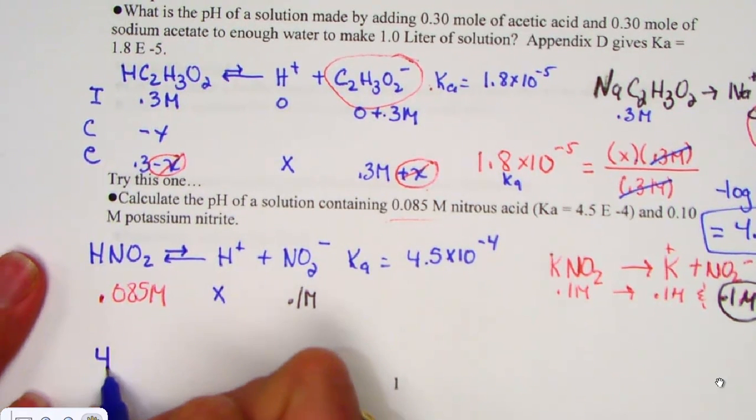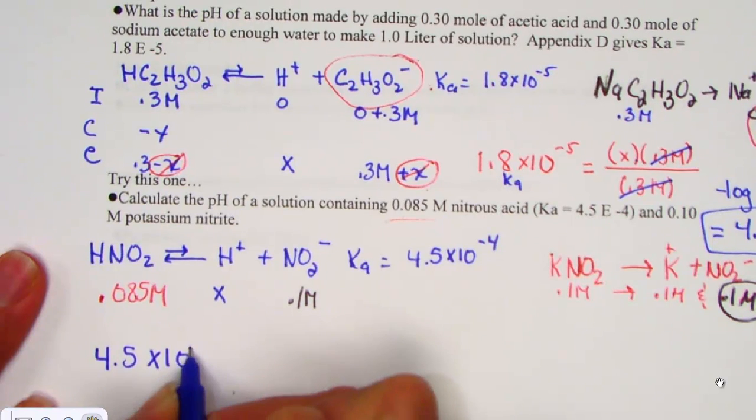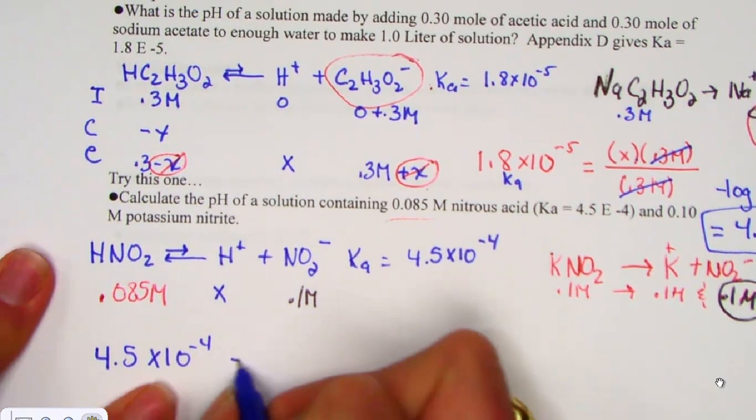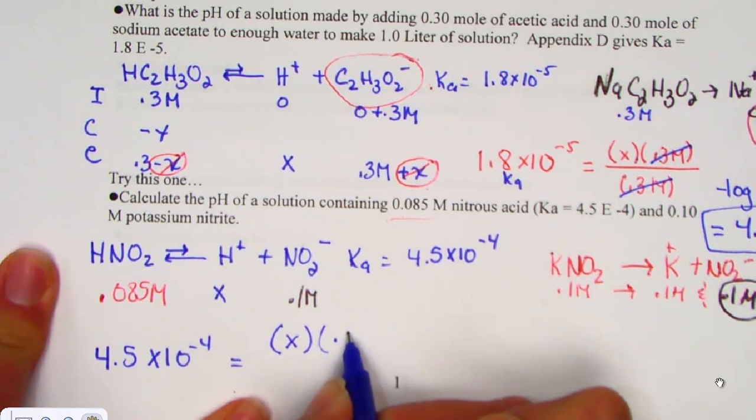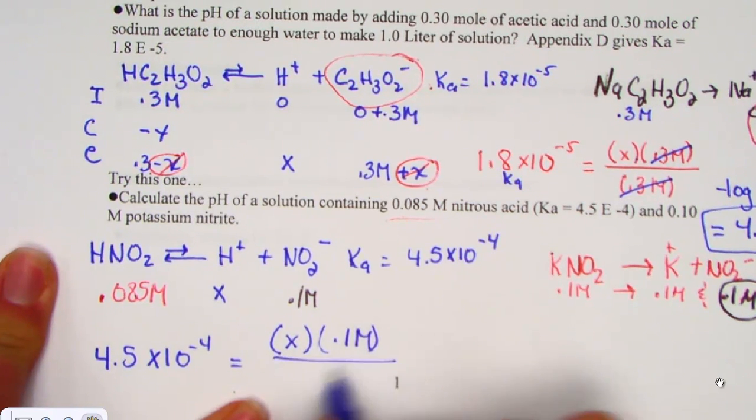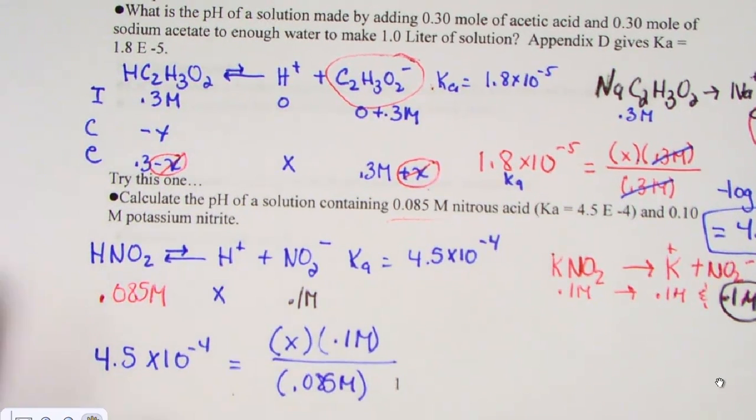The Ka value, 4.5 times 10 to the negative fourth, is equal to the products, hydrogen ion, nitrite ion, set over the concentration of the acid.